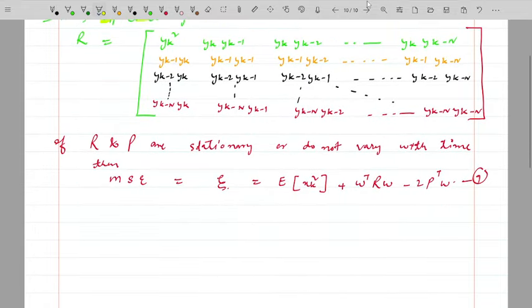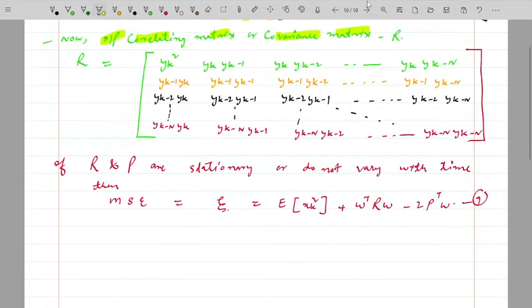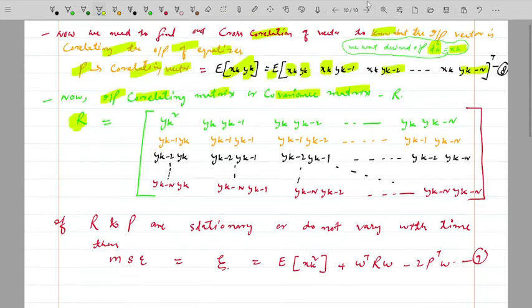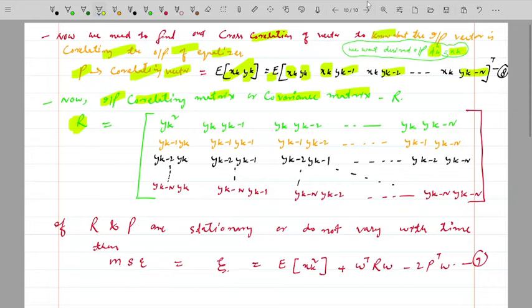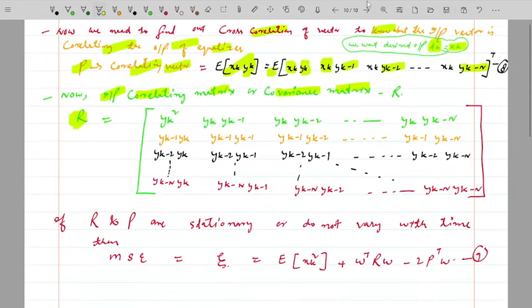So here r is the variable that we are considering as the covariance matrix. So how can we find the covariance matrix? The covariance matrix is found with the help of this correlating matrix. This is the input vector y of k, so we take n plus 1.